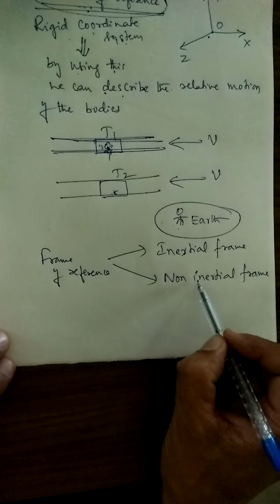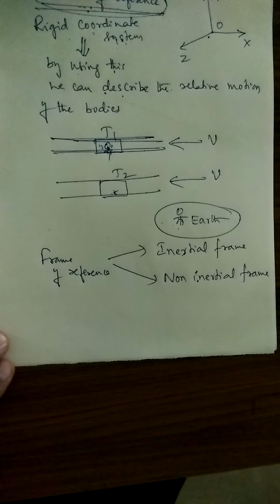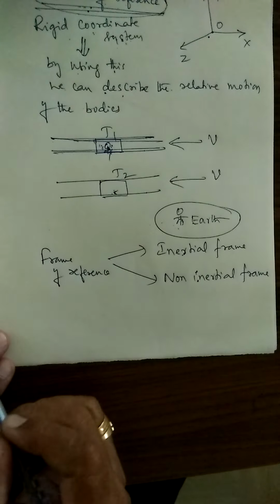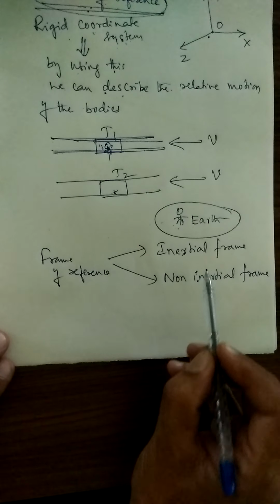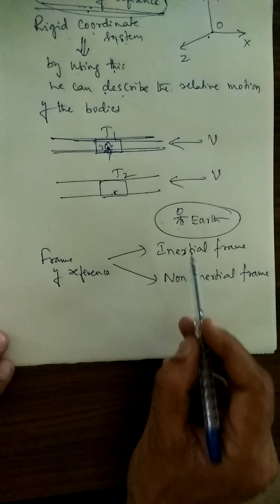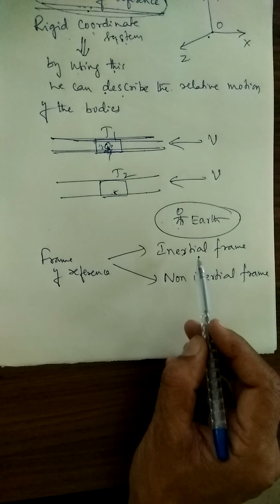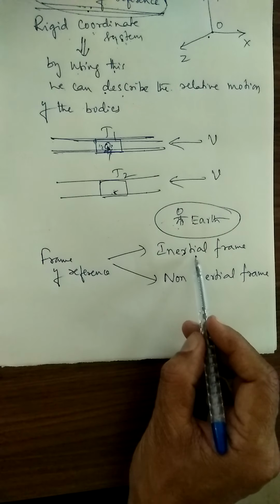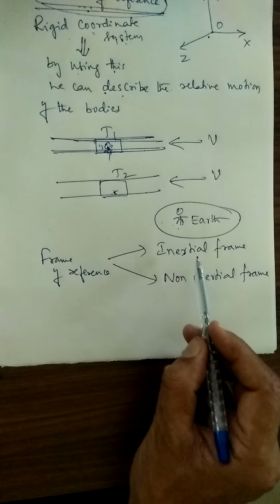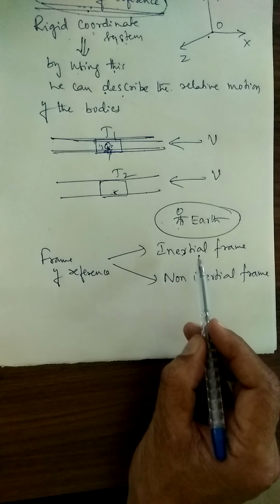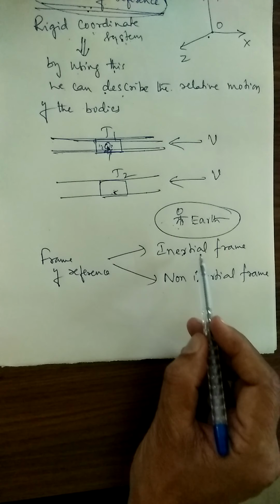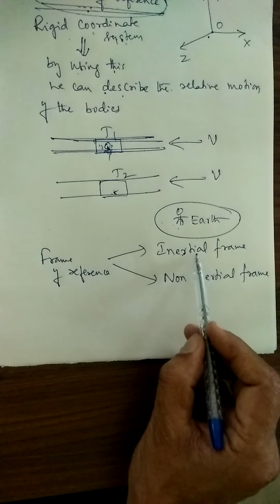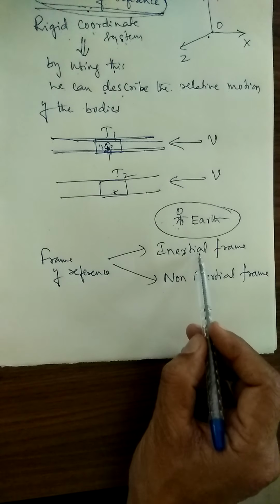Inertial frame means a frame of reference in which Newton's second law of motion holds good. It is valid in that frame of reference.